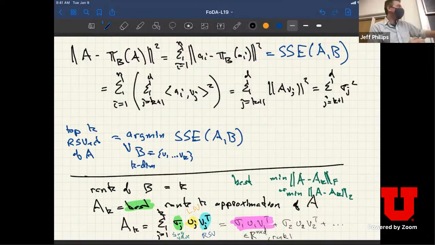Okay, and each one gives me a rank 1 approximation. That's the best rank 1 approximation of A. And when I add the second term to it, it's the best rank 2 approximation of A. I get part from rank 1 and another rank 1. And this one has the best shape of it, and I'm scaling by sigma 1. That's the biggest term.